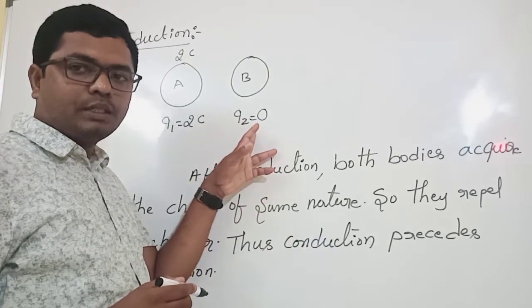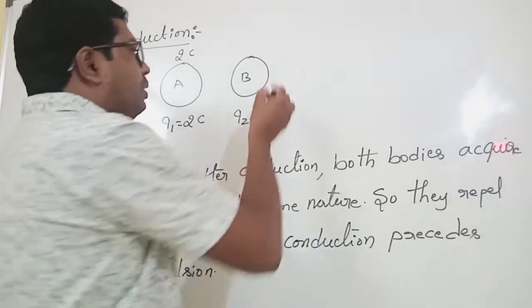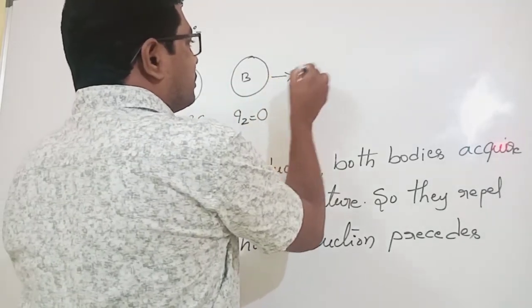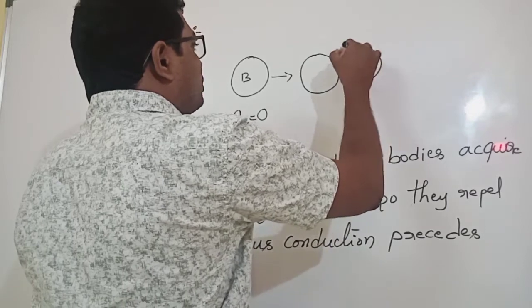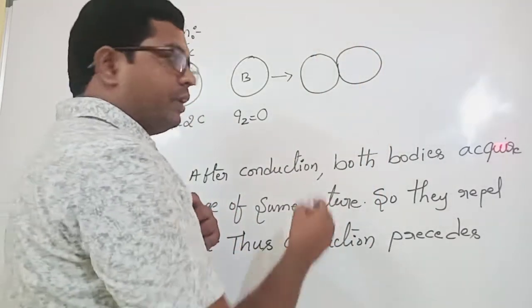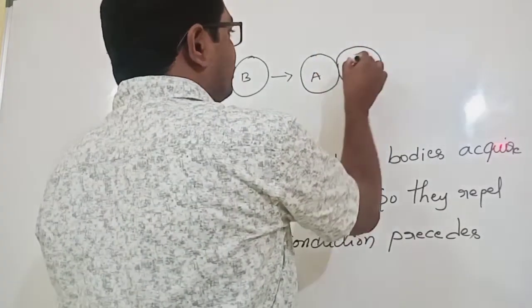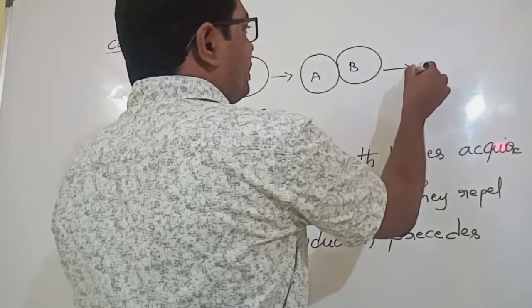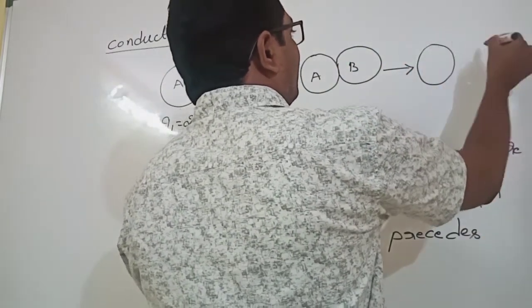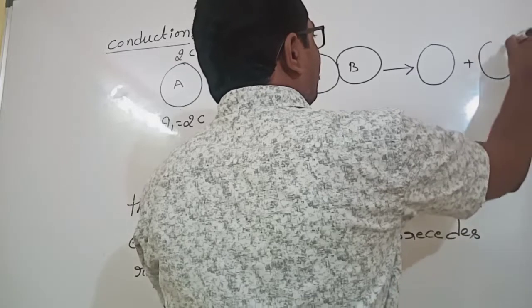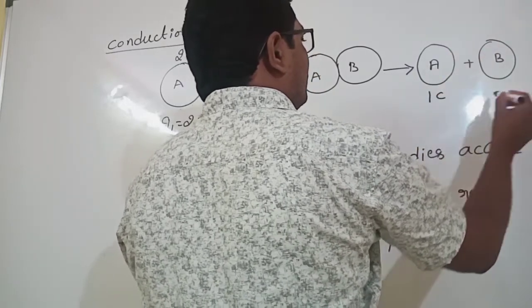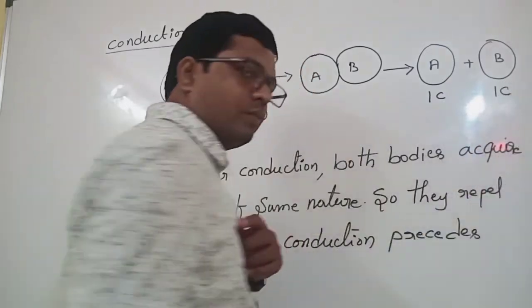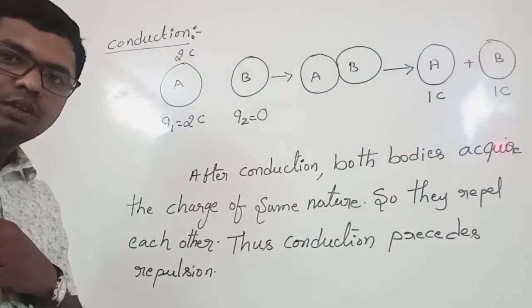Charge 0 means an uncharged body. Now these two, body A and body B, are in contact. After contact, this one has a charge of 1 coulomb, and this one also has a charge of 1 coulomb. Do you understand?